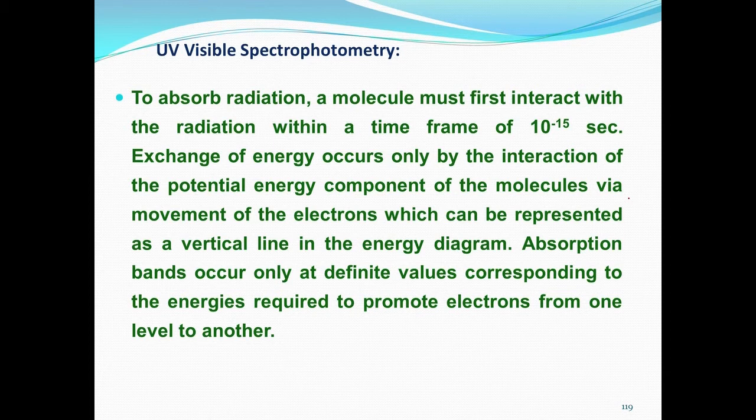So, the exchange of energy normally occurs only by the interaction of the potential energy component of the molecules, because the molecules are in a state of agitation, and the electrons are also in a state of agitation, and they can be represented as a vertical line in the energy diagram. So, the absorption bands occur only at definite values corresponding to the energy changes required to promote the electrons from one level to another. This we have already discussed.